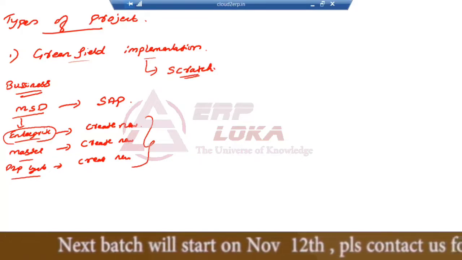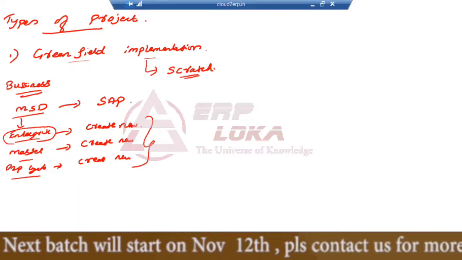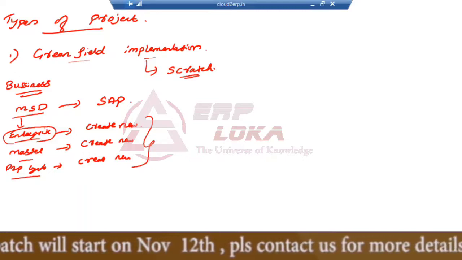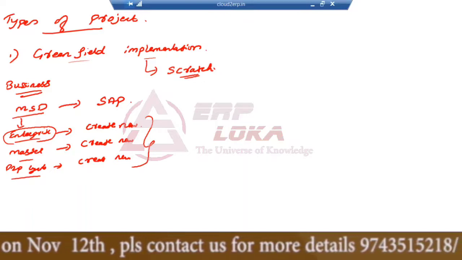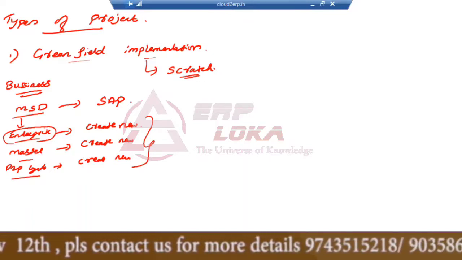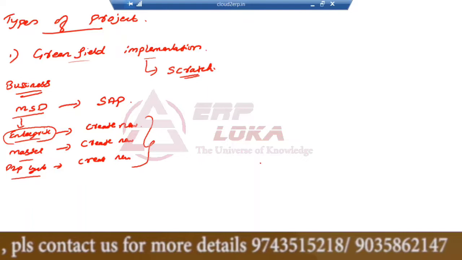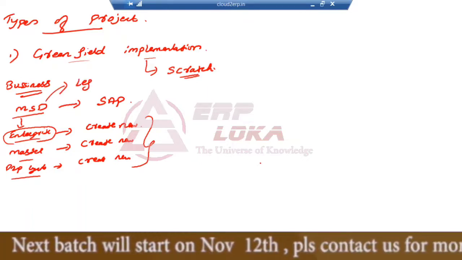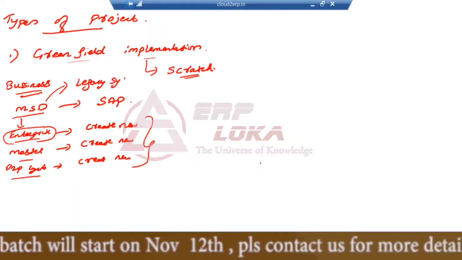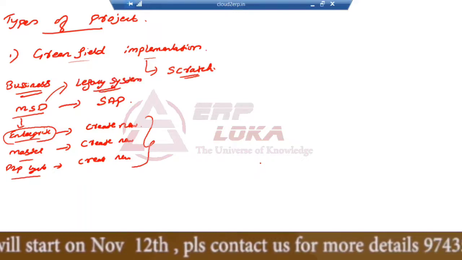Greenfield is nothing but we are going to build a system from scratch. They don't know what SAP is. We are introducing what SAP is to them. And what all we have in the legacy system, we call this Microsoft Dynamics system a legacy system. This is very important.